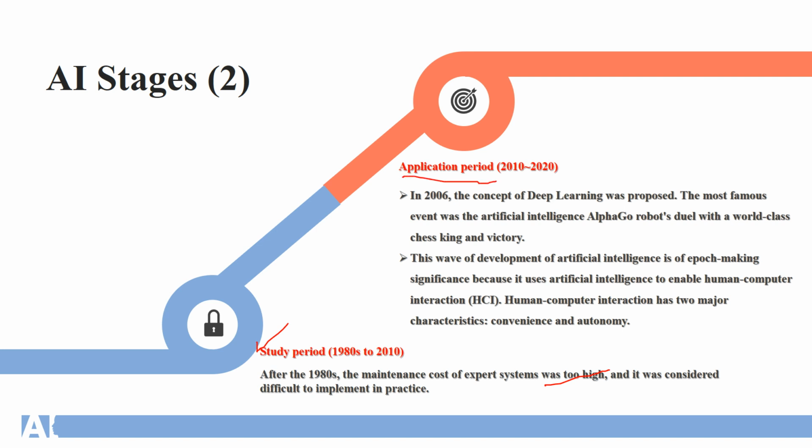So in 2006, the concept of deep learning was proposed. So remember, deep learning boomed in 2006. And the most famous event was AlphaGo. AlphaGo is from Google. They had a robust duel with the world-class Go champion and won.